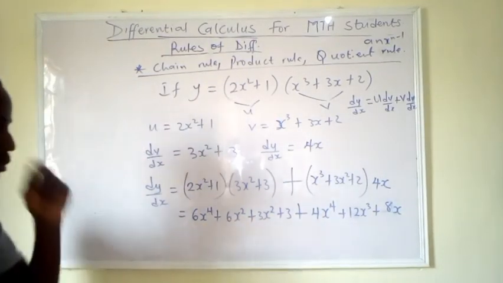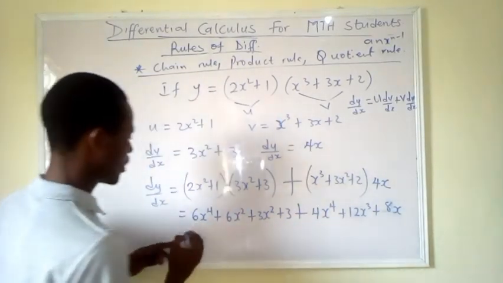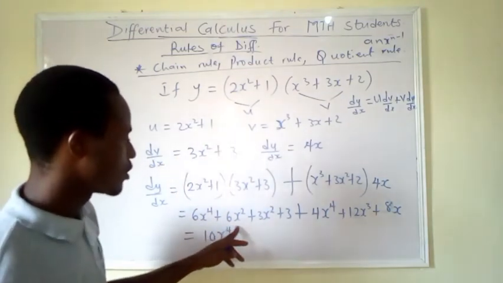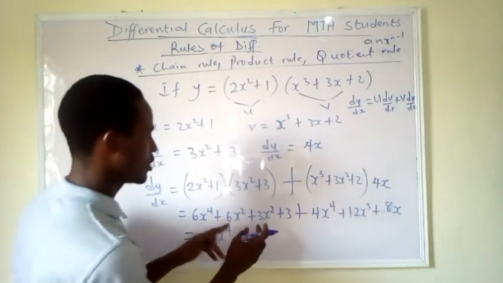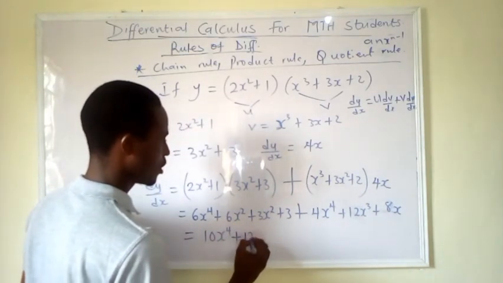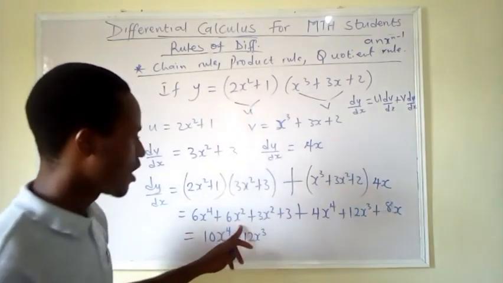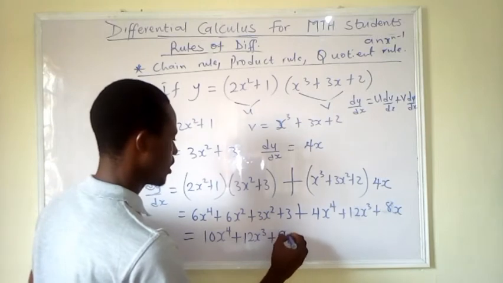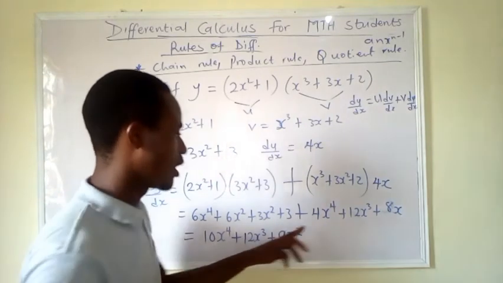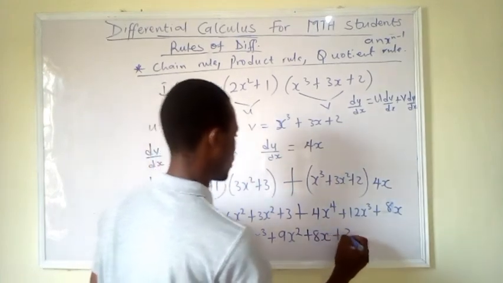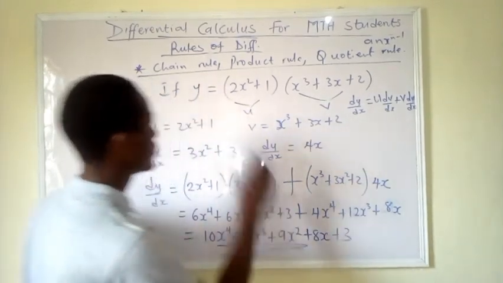Collecting like terms, this joins with this and gives us 10x raised to the power 4. Then I arrange in order, so I'm going to have 12x cubed. Then I add the squares together, and this gives me plus 9x squared, plus 8x, plus 3. I think this is the derivative of this function.